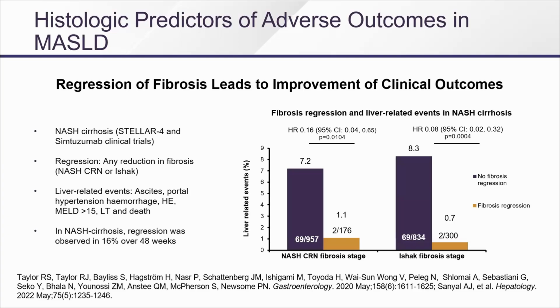And they looked at patients who had fibrosis regression compared to those that didn't, and how was the liver-related morbidity, because they were studying patients with cirrhosis. And what you can see is if you had fibrosis progression or stability, you did much worse than if you had fibrosis regression. That's close to a 90% reduction in risk. So if we can make people better in terms of their fibrosis stage, we will improve outcomes.